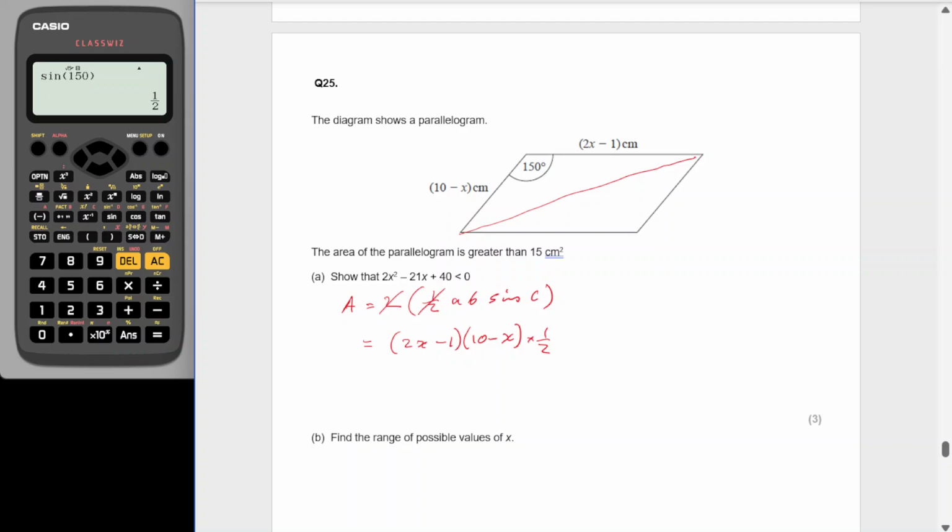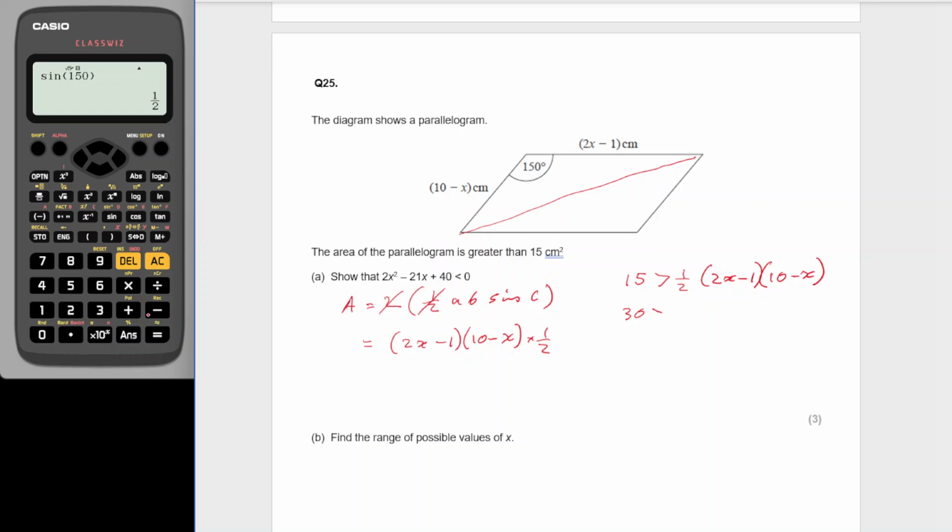We're told that the area of the parallelogram is greater than that, so 15 has to be greater than half of 2x minus 1 times by 10 minus x.